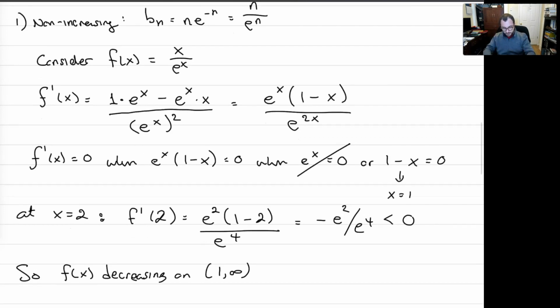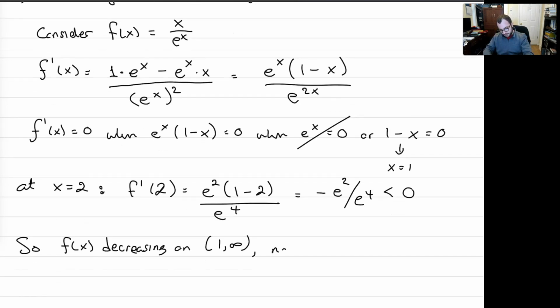Excellent. And so it's non-increasing on 1 to infinity inclusive, because the derivative was 0 at 1, so it's flat, and then it starts decreasing for the rest of the interval.